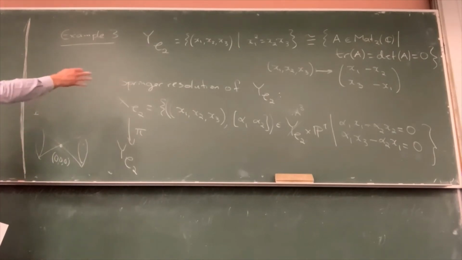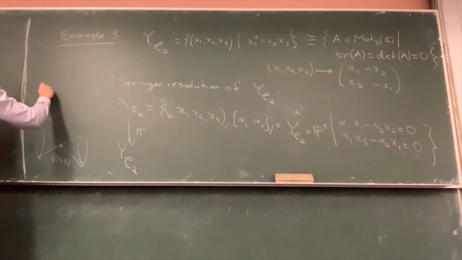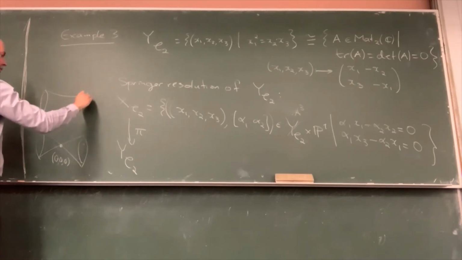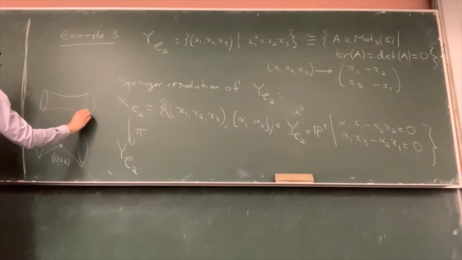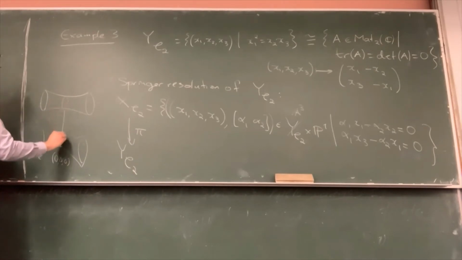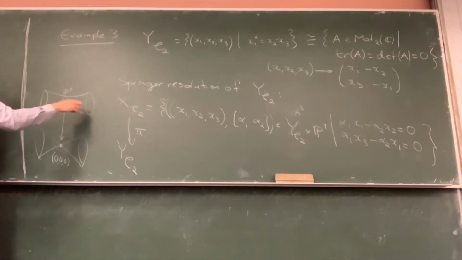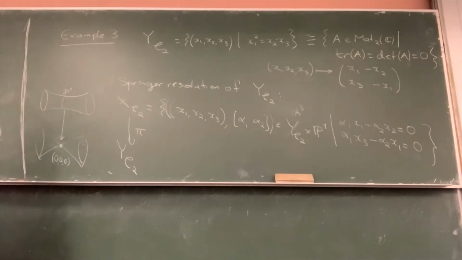And when you construct this Springer resolution, you're blowing up the singularity at the origin and getting some smooth thing like this, where now the fiber over the origin is a P1 inside your variety X.